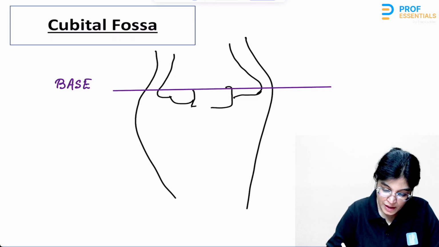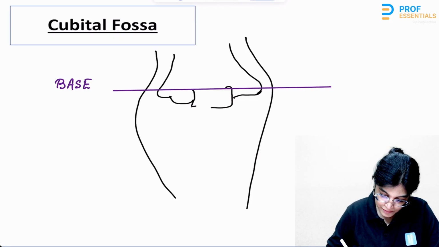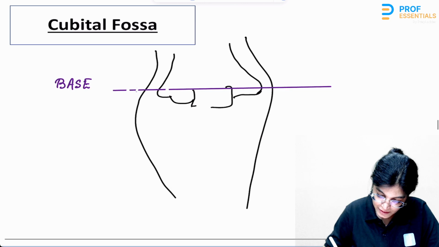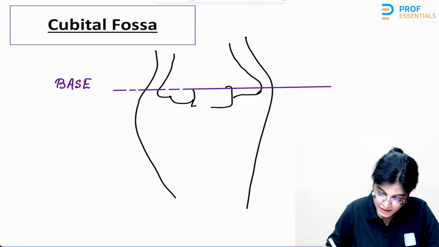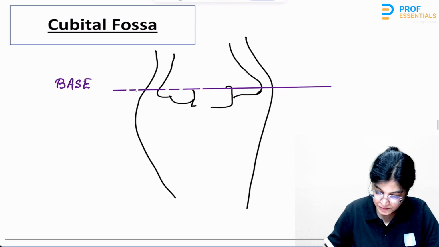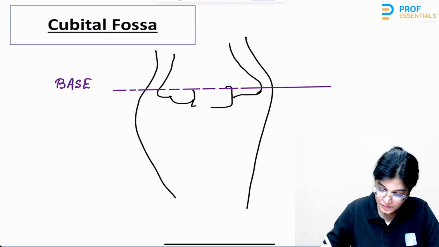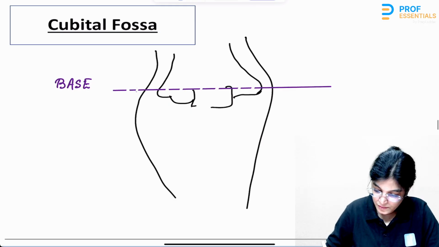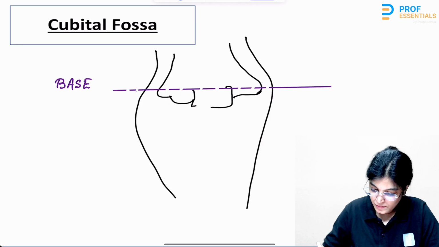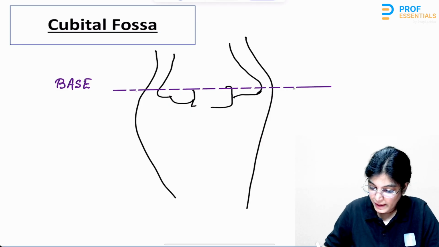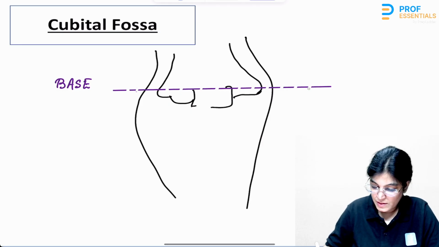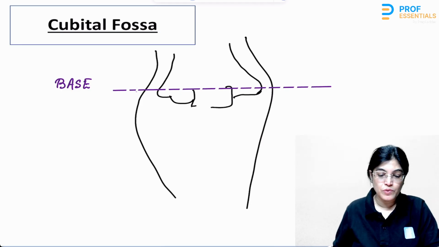Just to make you understand, we can use a dotted line for the base. So this dotted line is the base. Is it okay? This is the base of cubital fossa.